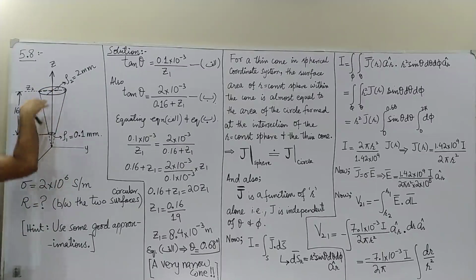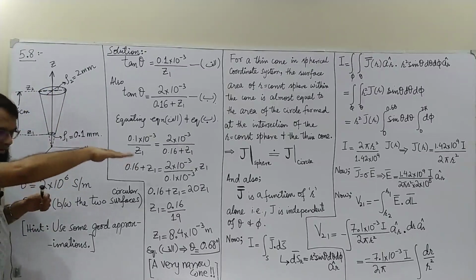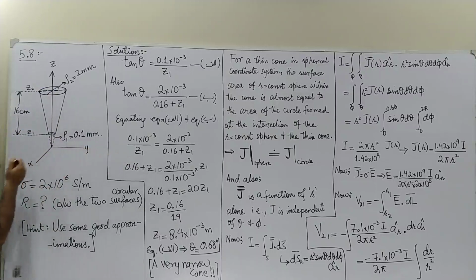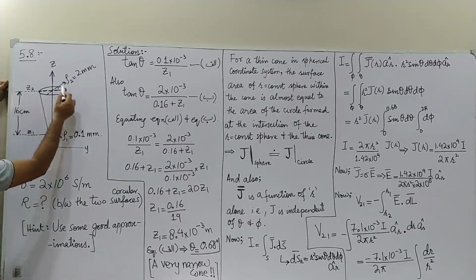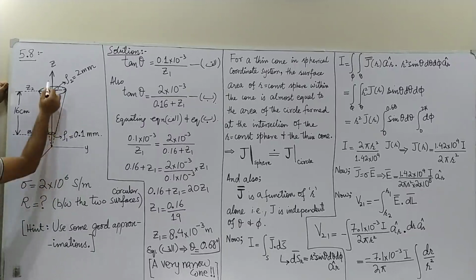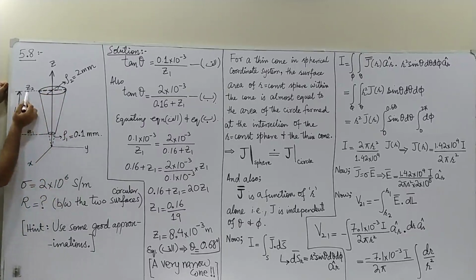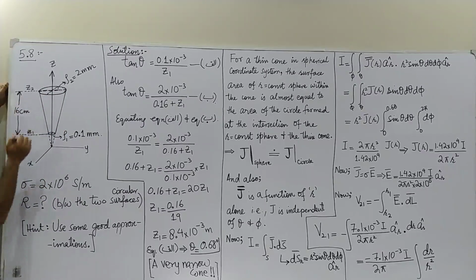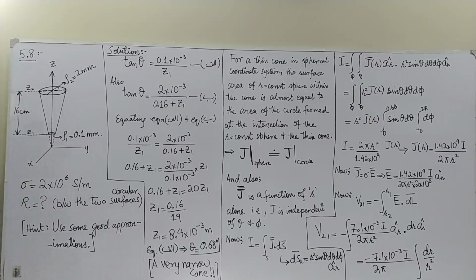These circles lie on a horizontal plane. Let's say the height at which the smaller circle lies is z1, and the height, with respect to the origin, at which the bigger circle lies is z2, and the height of the truncated cone has been given to us as 16 centimeters.